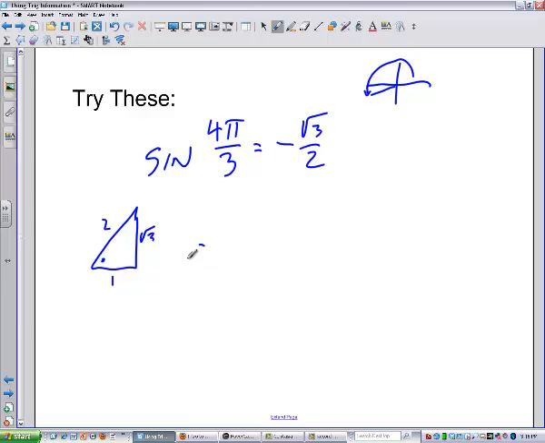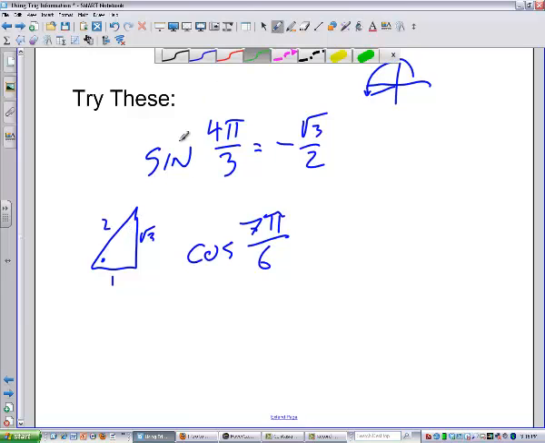If I asked you to find the cosine of 7 pi over 6, okay, same triangle, but now we're using this one. Okay, cosine 7 pi over 6. Cosine is adjacent over hypotenuse, so we're looking at a root 3 over 2.